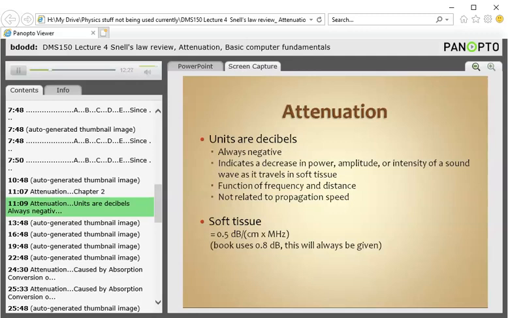One of the generally accepted amounts of attenuation is 0.5 decibel per centimeter per megahertz. The book has calculated it out to 0.8 decibels. Like I said, this coefficient of attenuation will always be given to you if you have to work with this.